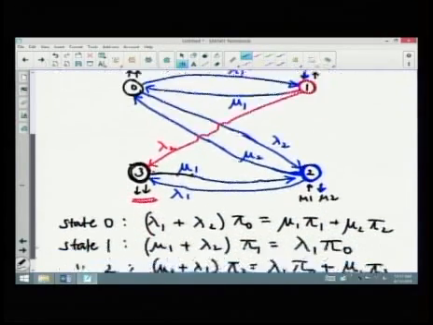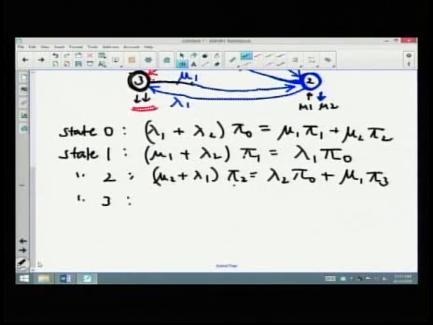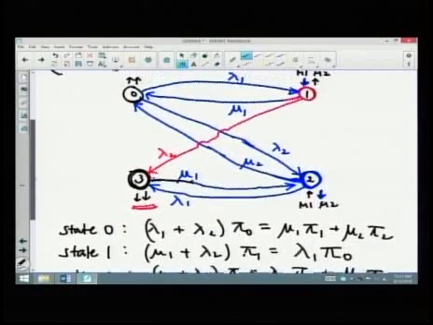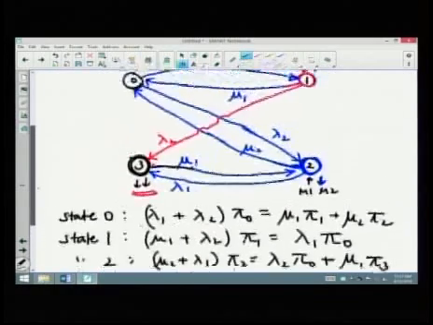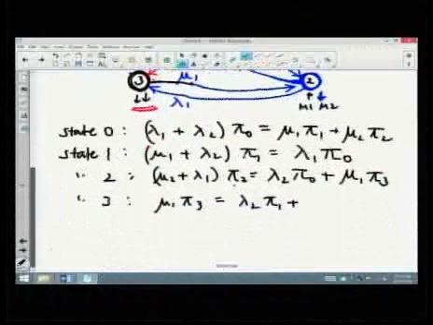That's going to be mu1 pi 3 equals lambda 2 pi 1 plus lambda 1 pi 2, right?